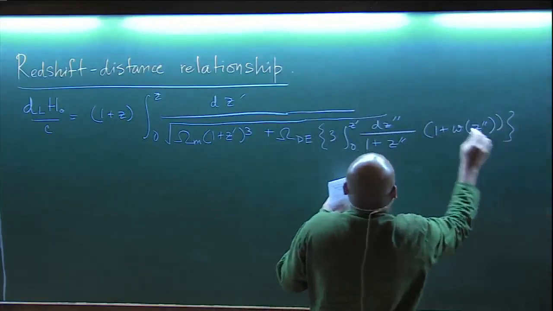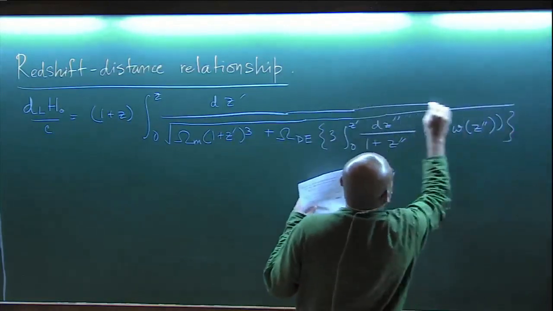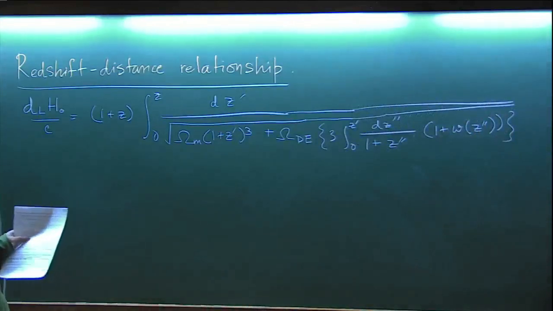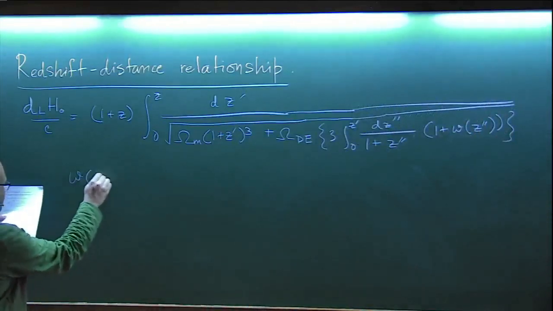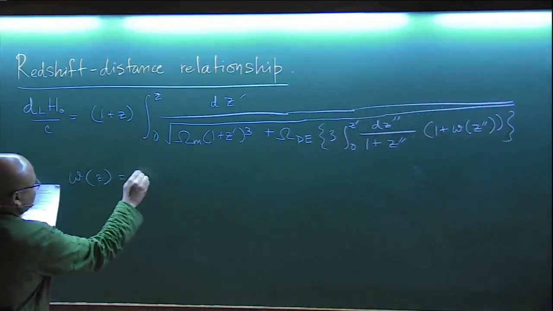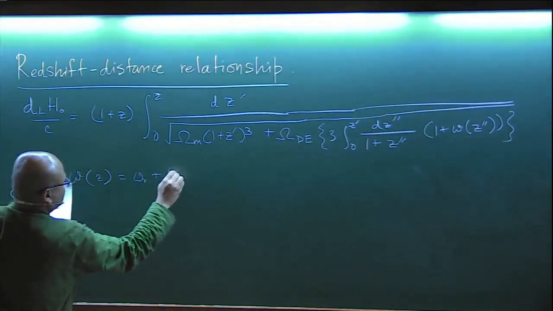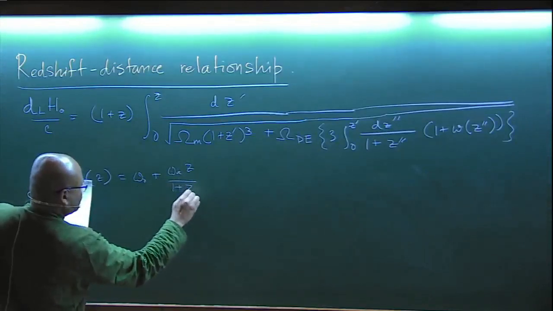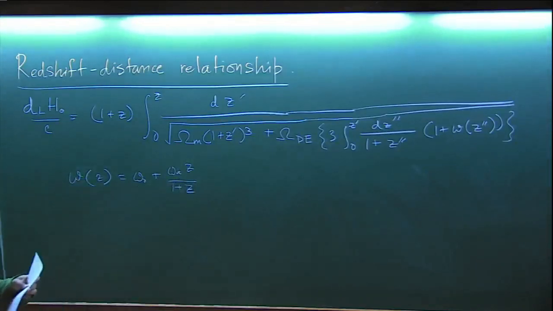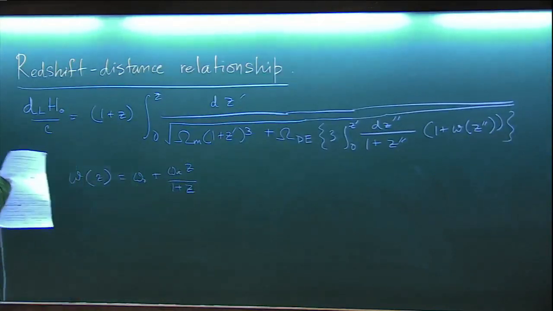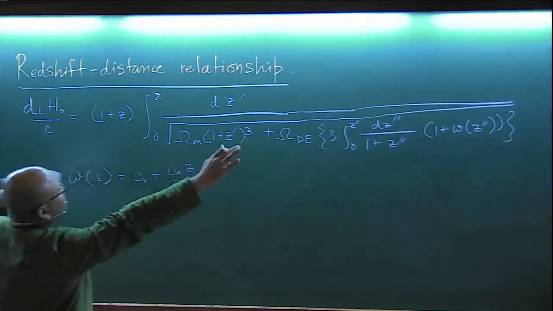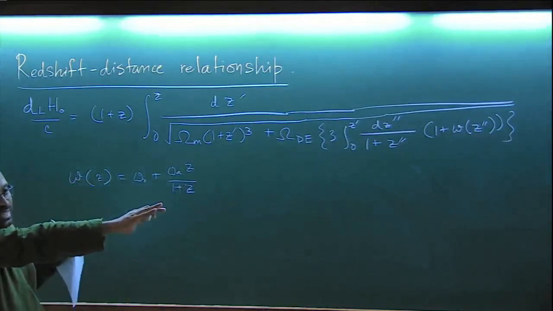If you prefer, you can then parameterize your dark energy equation of state in some way. So the main thing here is everything is a function of redshift on the right-hand side.